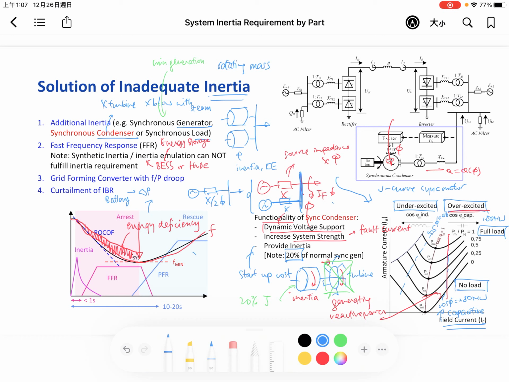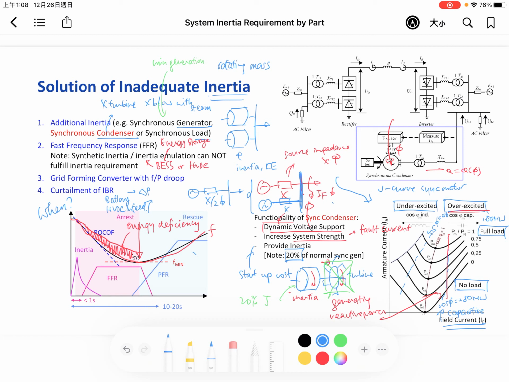The second one is to increase the HVDC input. It is noted that the problem still stays here because we don't know when we should trigger this kind of fast frequency response, because it takes time to measure the frequency and also it takes time to detect, which I will talk about later.